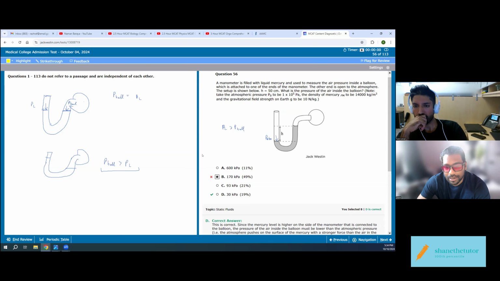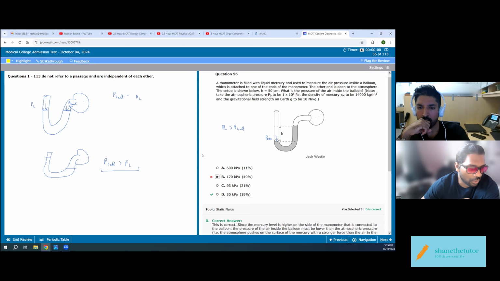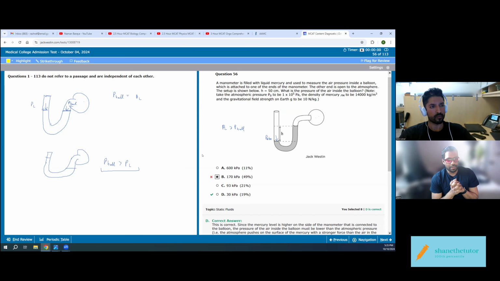And since they are asking for the pressure of the air inside of the balloon, we can say that the pressure on the inside of the balloon is going to be, well, okay, how about this? The pressure of the balloon should be less than the atmospheric pressure, right?